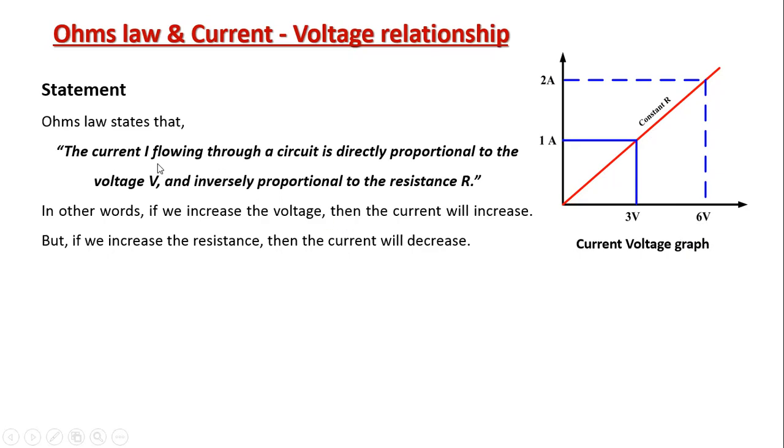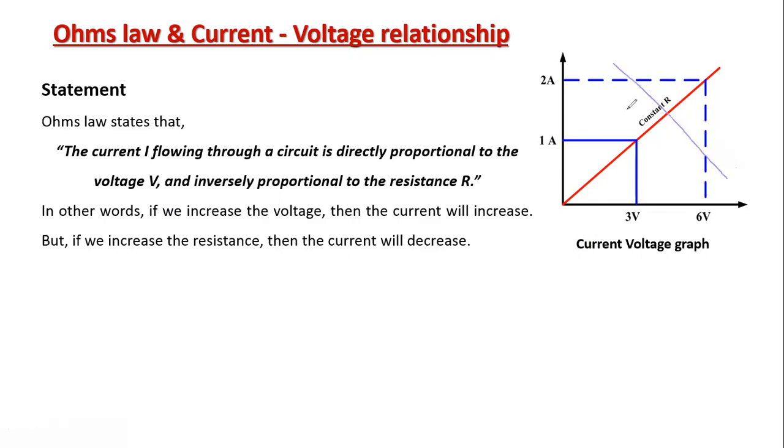Similarly, if you plot the current versus resistance graph, resistance is the independent quantity. It will be plotted on your x-axis, whereas the current is the dependent quantity. So you will get an inverse graph, which will be decreasing from left to right, like this.